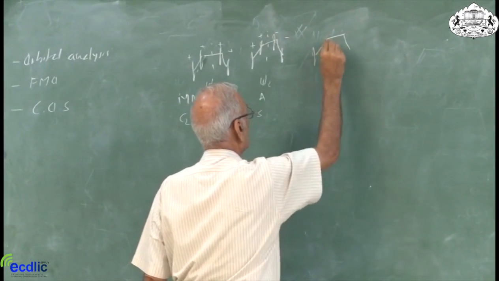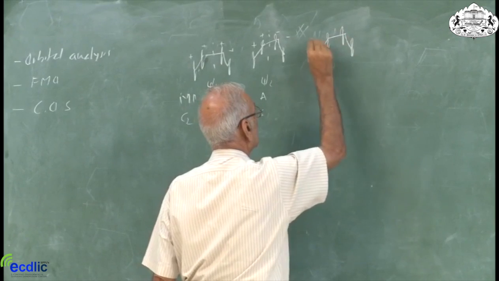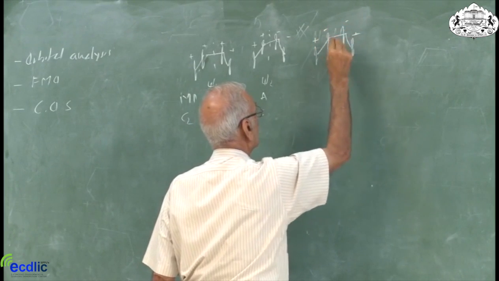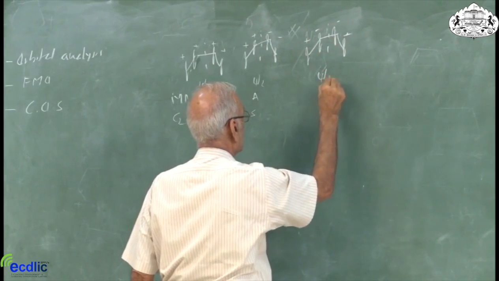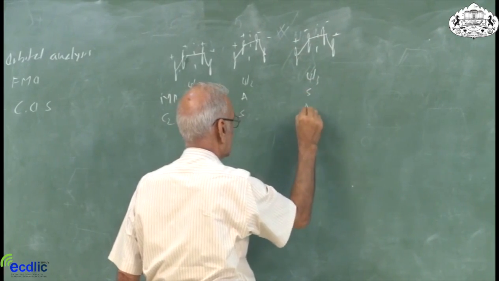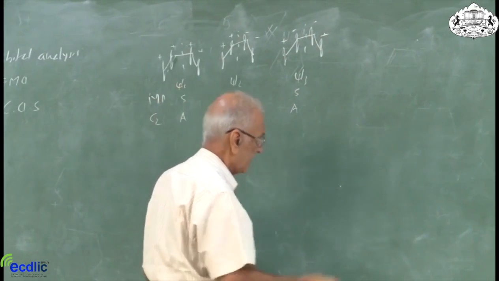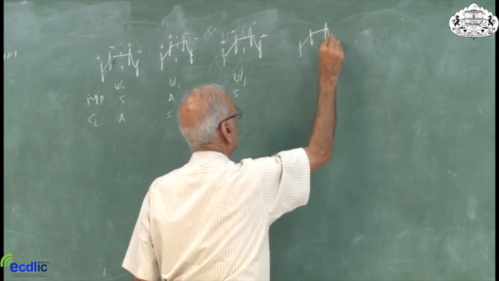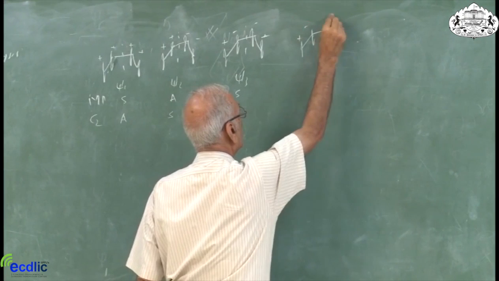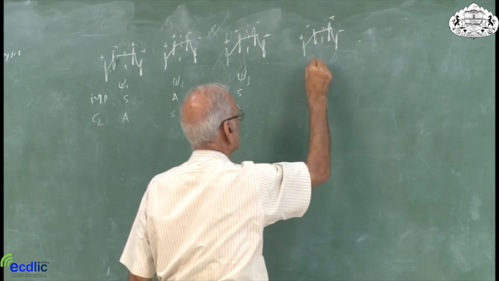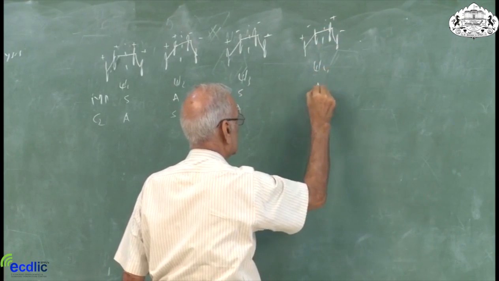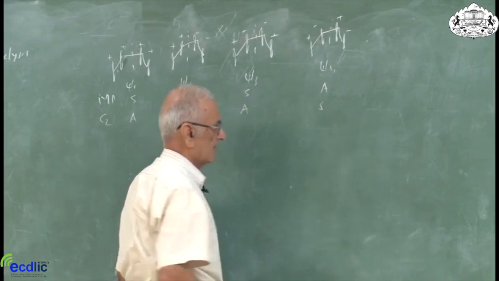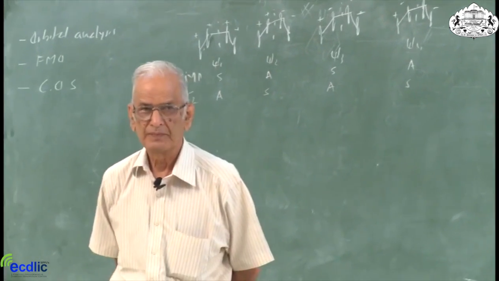Your psi 3 orbital, plus minus minus plus, mirror plane symmetric, C2 axis antisymmetric. Plus minus plus minus, psi 4 orbital, mirror plane antisymmetric, C2 symmetric.